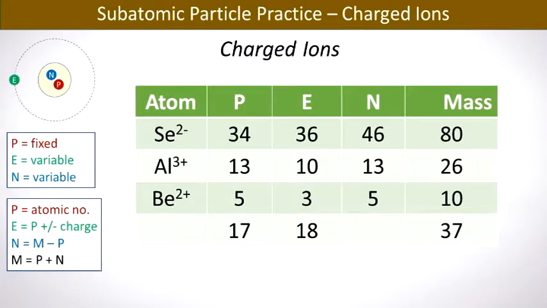Let's consider a charged ion having 17 protons, 18 electrons, and a mass number of 37. We can determine the identity of the element based upon the number of protons, which equals the atomic number of 17, which corresponds to the element chlorine.